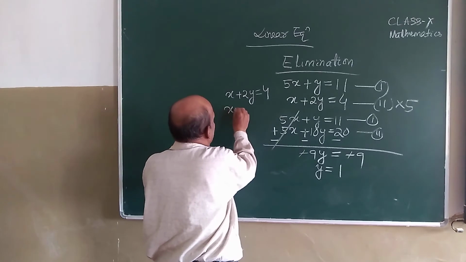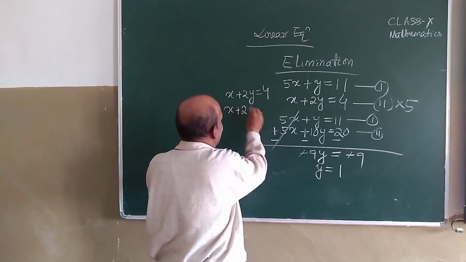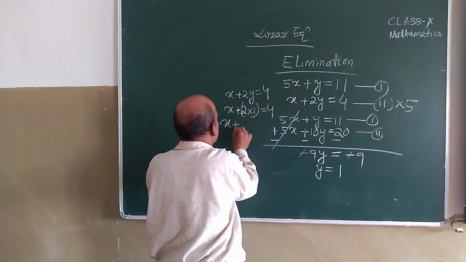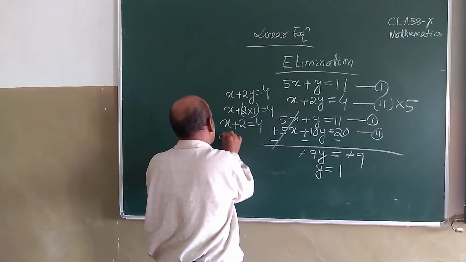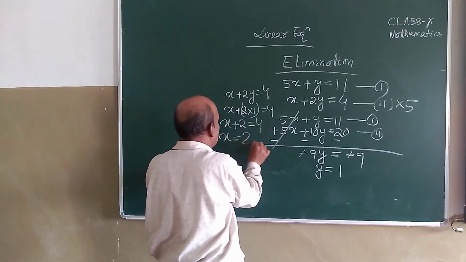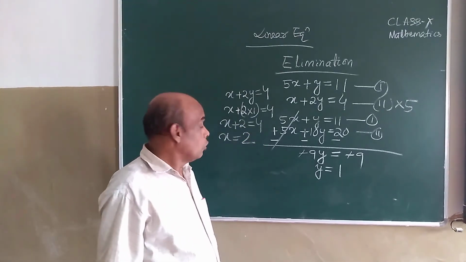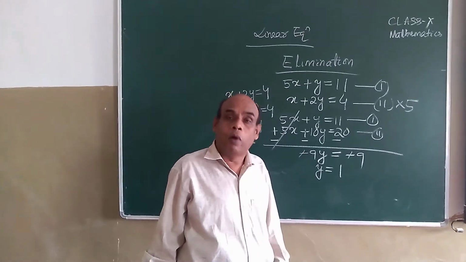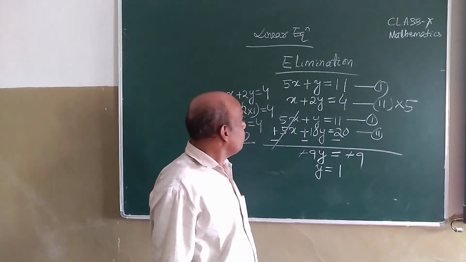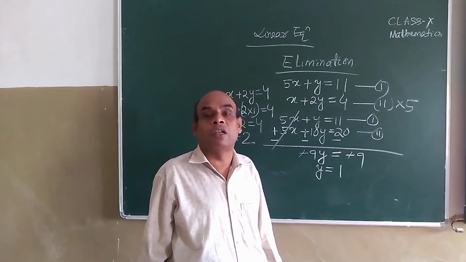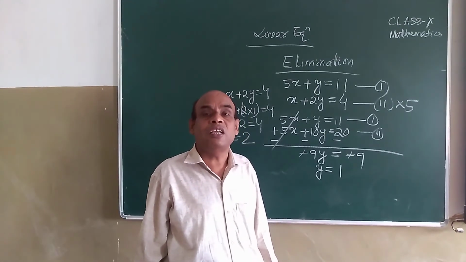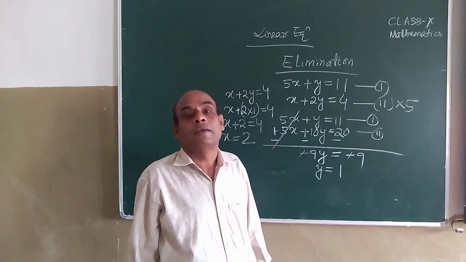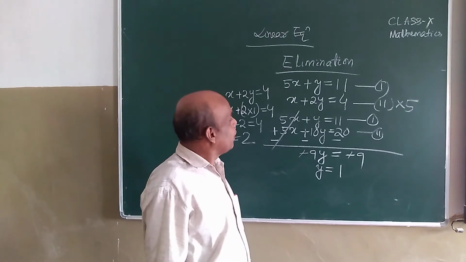So x plus 2 into 1 is equal to 4, x plus 2 is equal to 4, so x is equal to 4 minus 2, which is 2. So we got x value 2 and y value 1. This is the method of elimination, by which we can solve a pair of linear equations containing two variables.